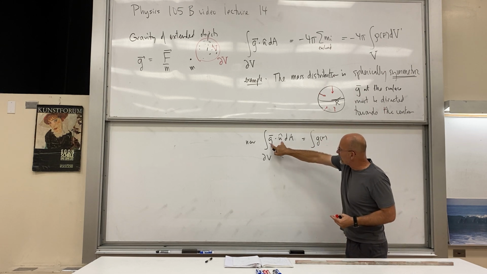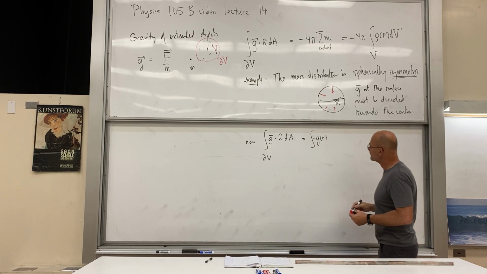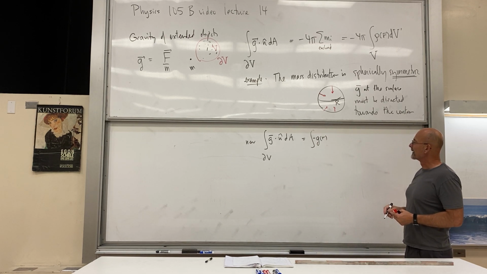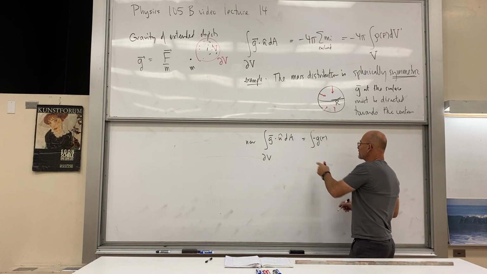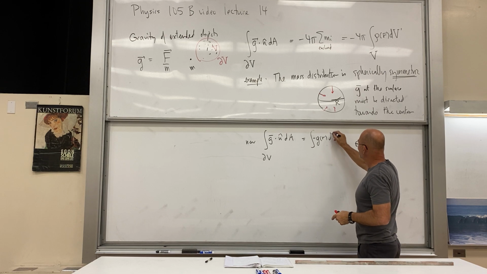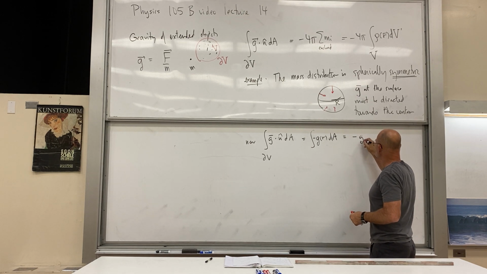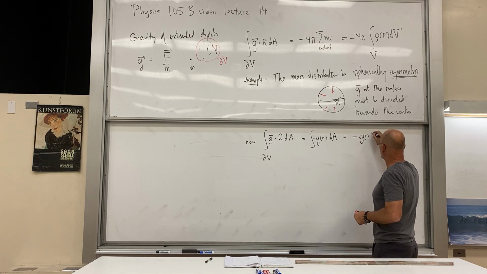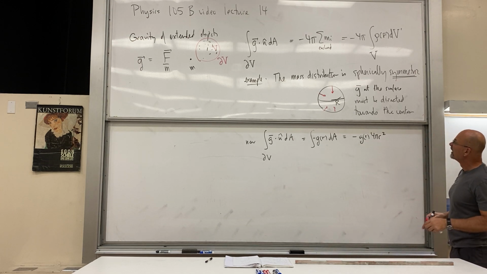Therefore, the dot product gives you a minus sign. So that's where the minus sign comes from. And that's a scalar product. You've gotten rid of that dot product there. The dA is just going to give us minus G of R 4 pi R squared for the surface area of a sphere.